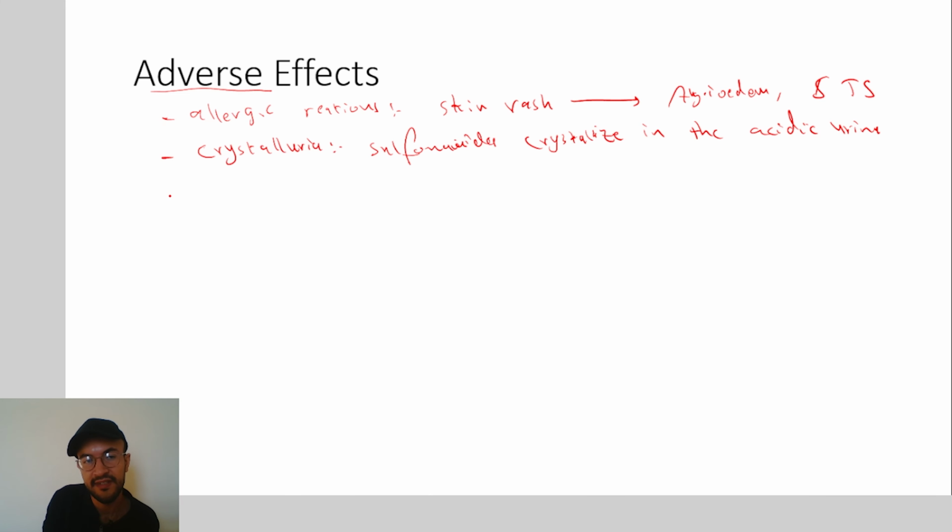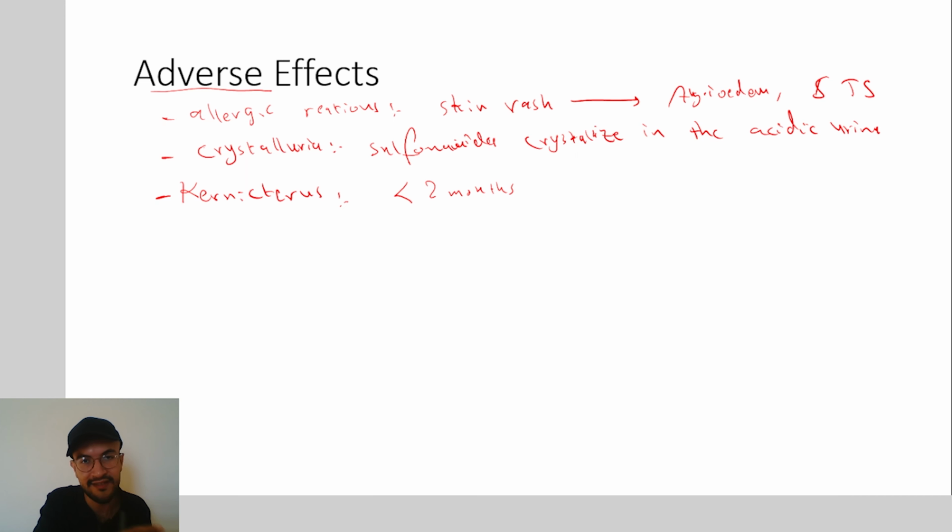They also cause kernicterus. Kernicterus is permanent brain damage caused by hyperbilirubinemia. So sulfonamides cause kernicterus in children less than 2 months. That's because the sulfonamides will displace the bilirubin from its binding site on the albumin, and they would bind to the albumin on the same site as the bilirubin.